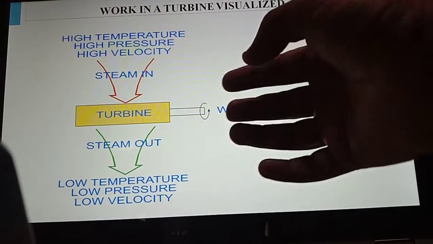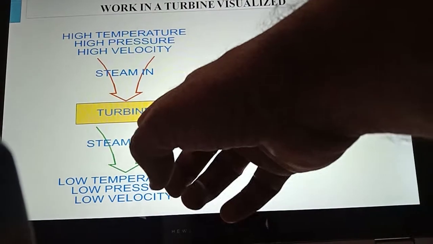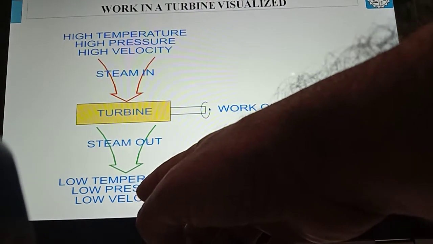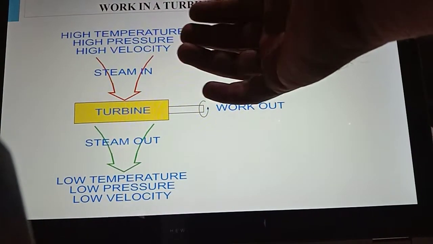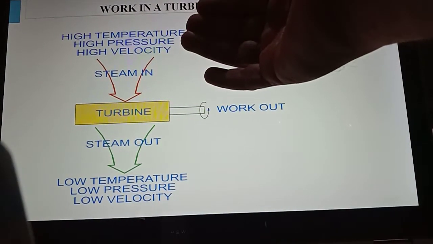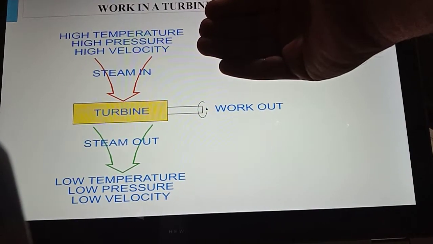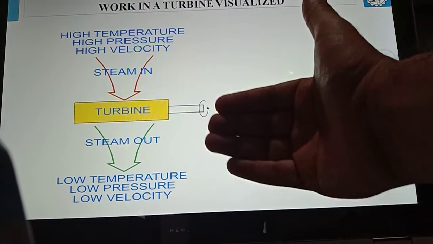There is a work output in this area and steam comes out with low temperature, low pressure and low velocity. So ultimately this is getting converted into work; this is higher side, this is lower side, and we are getting work through this turbine.